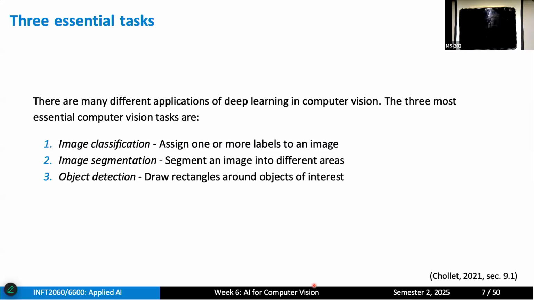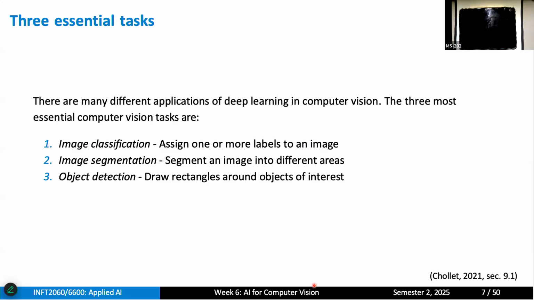It's bounding boxes with class labels. And for complexity, image classification is quite simple, segmentation is medium, and object detection has the highest complexity among these three tasks.